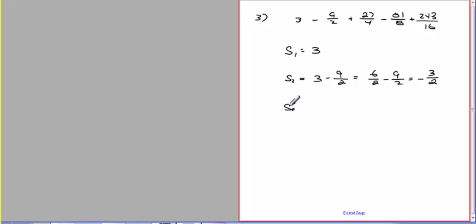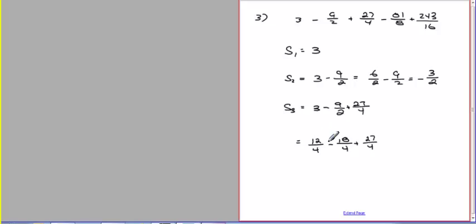Okay, the next partial sum is we add the first 3 things together. In that case, we will convert to fourths, so that'd be 12 fourths minus 18 fourths plus 27 fourths.